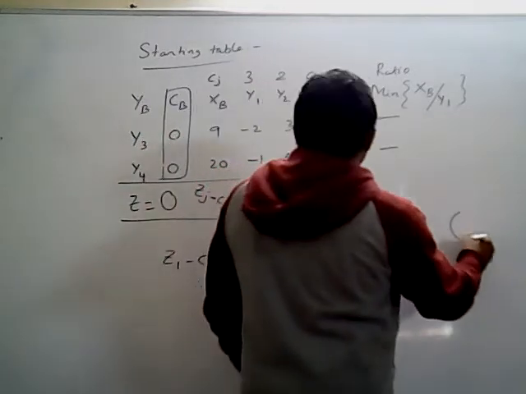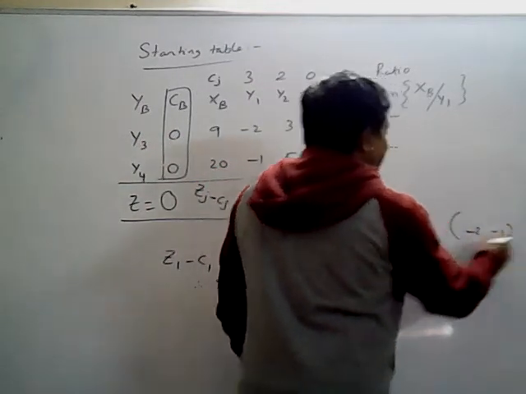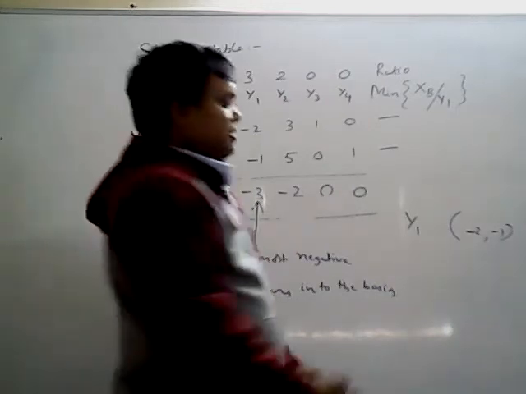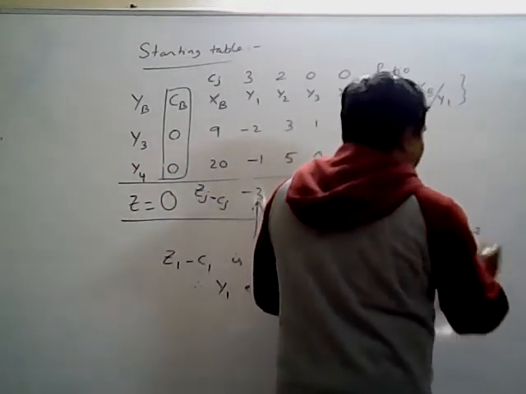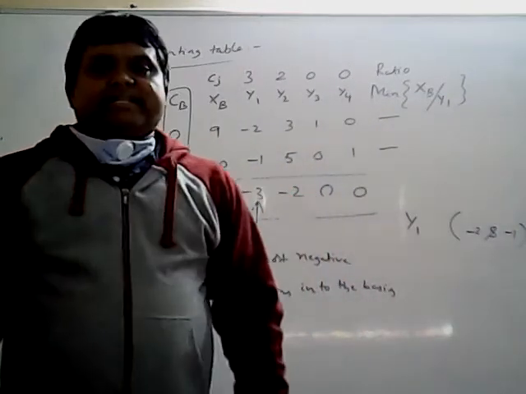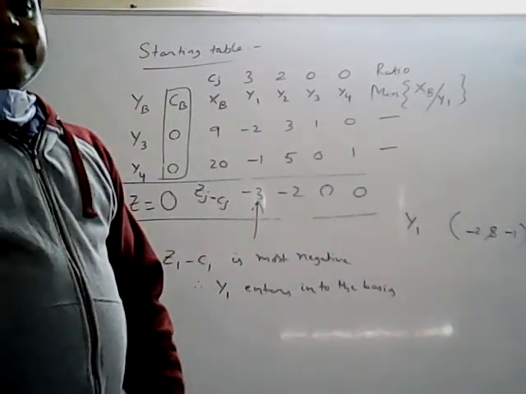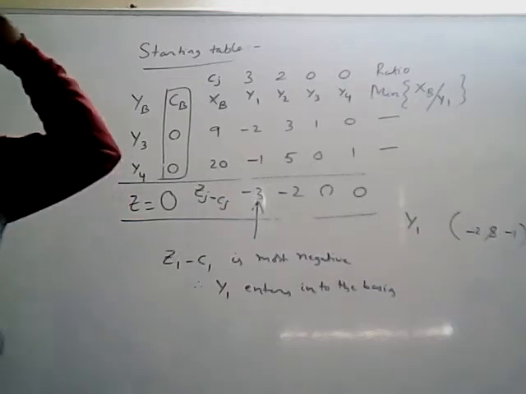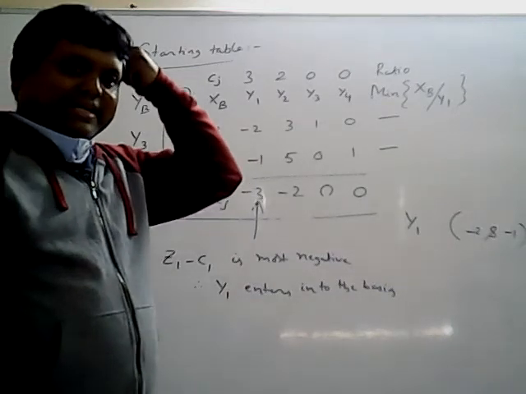Within brackets, what are the values? -2 and -1. Both the values are negative. Therefore, we cannot identify the deleting variable.